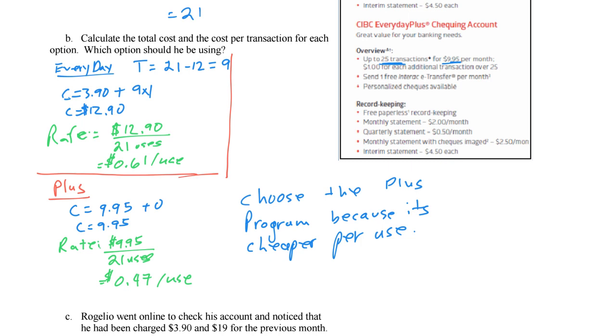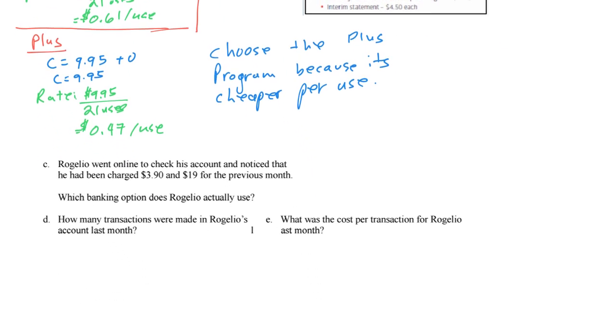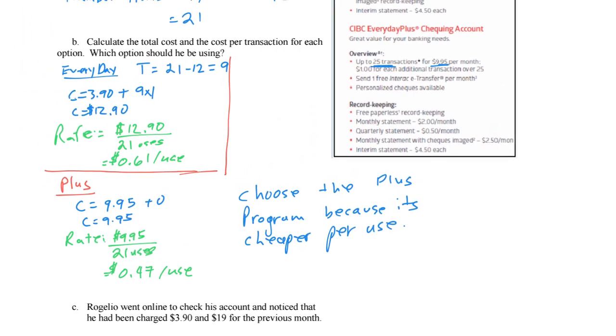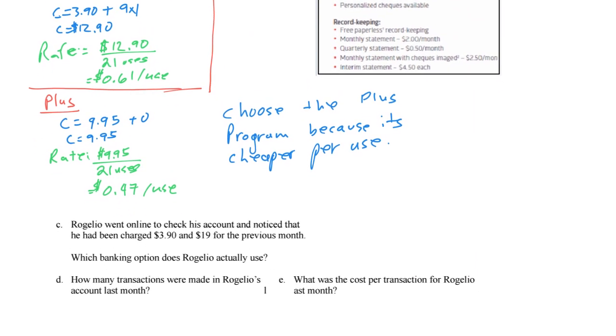All right. So now let's take a look at part C here. It says, Rogelio went online to check his account and noticed that he'd been charged $3.90 and $19 for the previous month. Which one of these was he using? So we've got to look back. Oh my God, what a dummy.